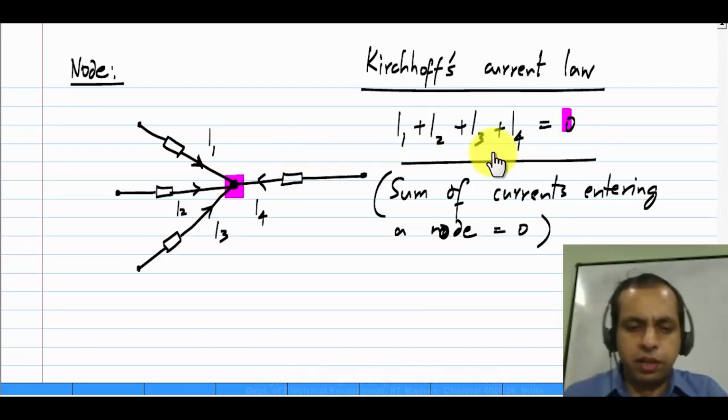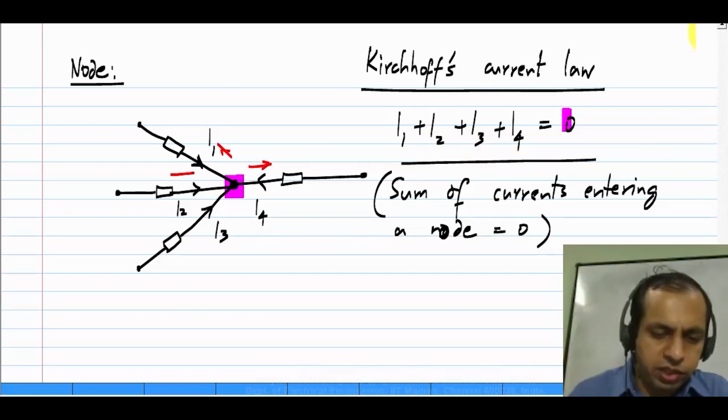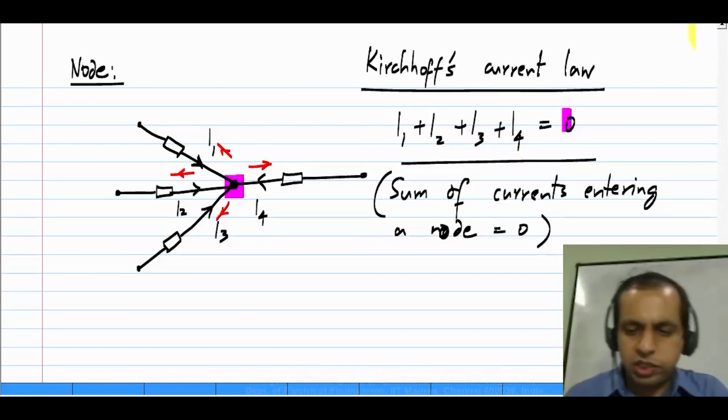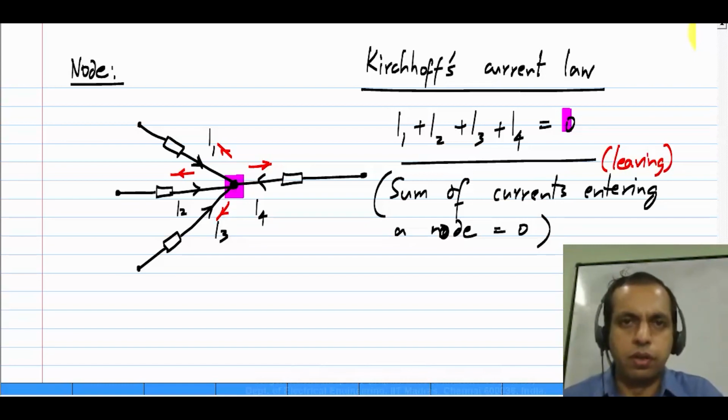Now sometimes this is stated differently. You could equally well consider currents in the opposite direction, that is leaving the node, and say that the sum of all currents leaving the node is 0.